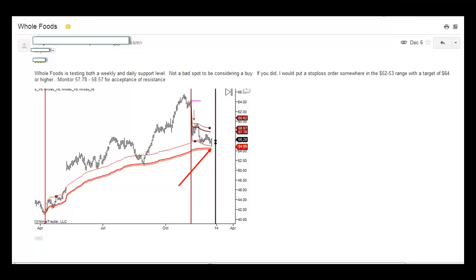Here's a copy of the email I sent out on the test in Whole Foods Market in here. I might also just point out, you can see this lower channel line. I calibrated the curve to this pivot high, and then launched the curve from this low of this test down right in here, which obviously held support right in here, and ultimately provided support near the primary curve from this prior Midas curve launch.